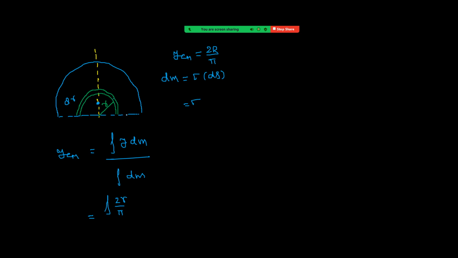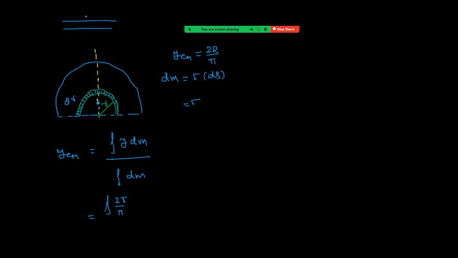Now you should be very careful here. We are finding the mass of this part of the wire. And you can see its mass, meaning the corresponding area. If you make it straight, it becomes a rectangle.